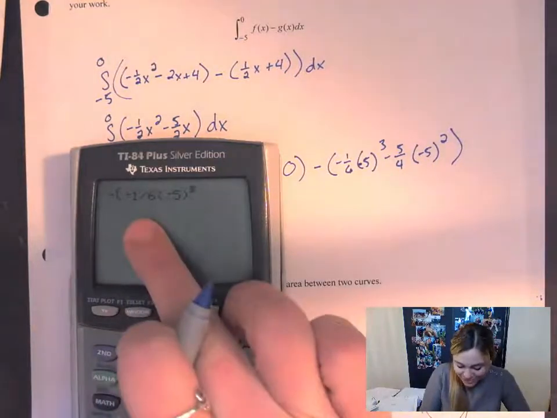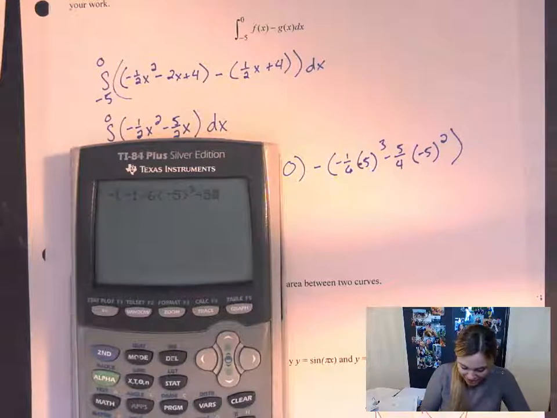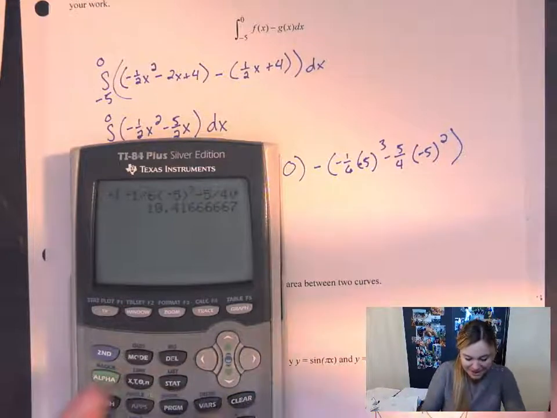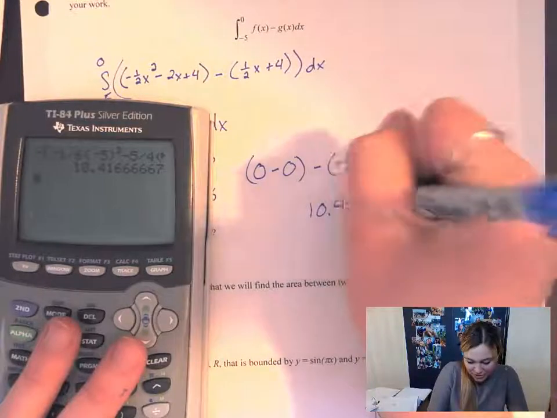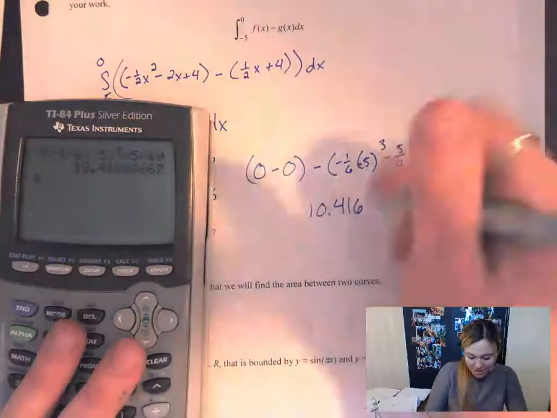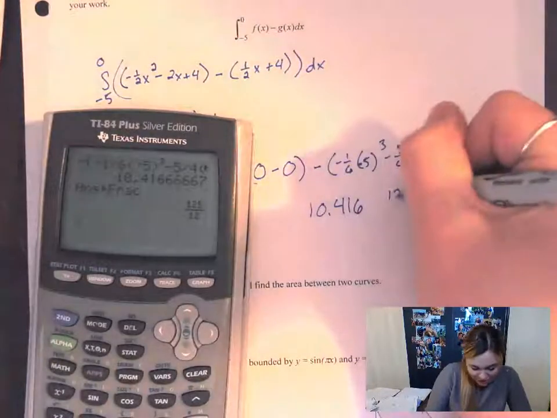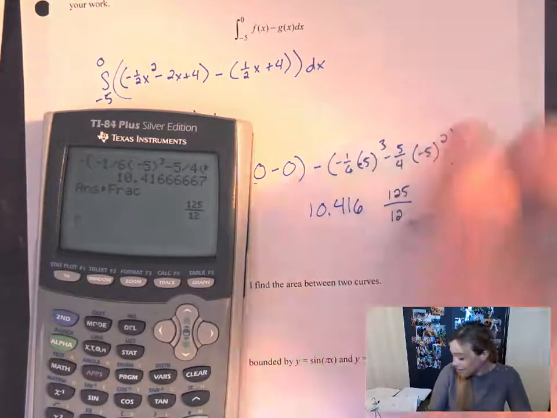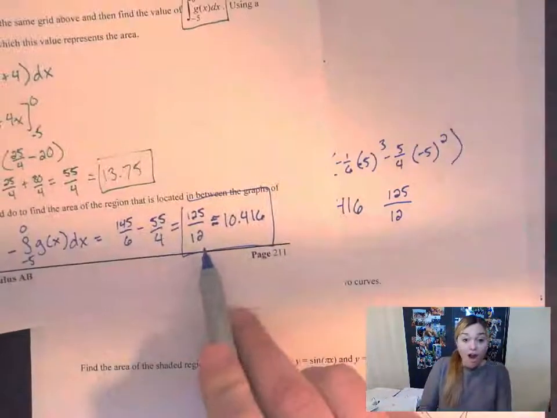Okay, anyway, -1/6 times -5 to the 3rd power, minus 5/4 times -5 squared. And I get, oh, that number looks familiar, which is the same as the fraction 125/12. What? Isn't that what we got before?